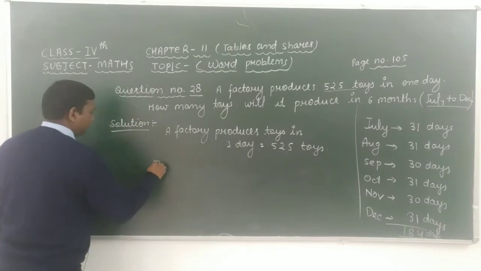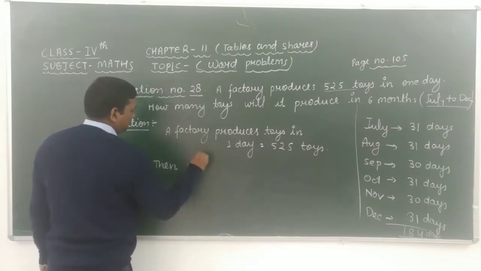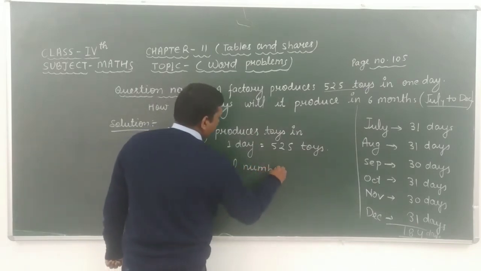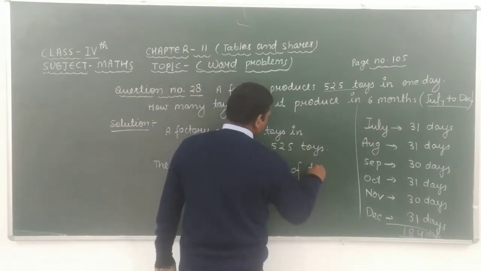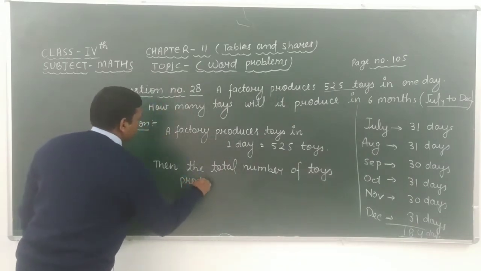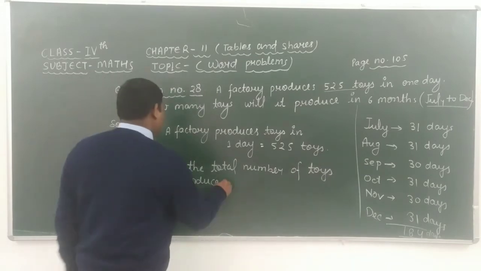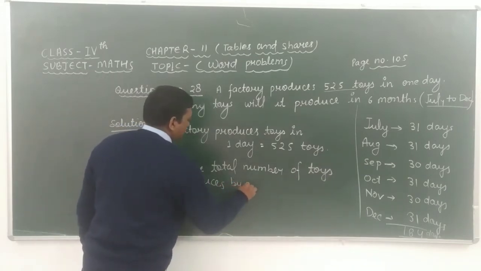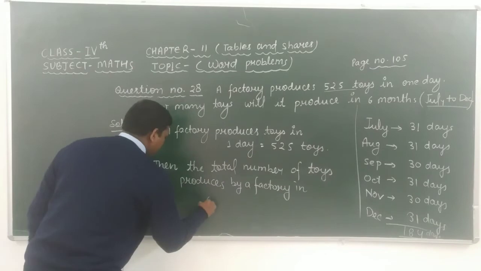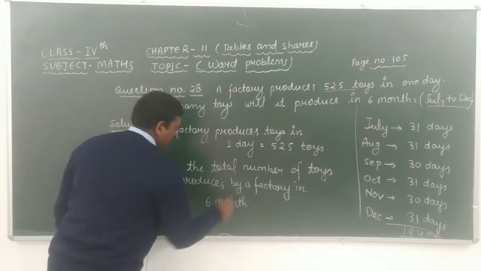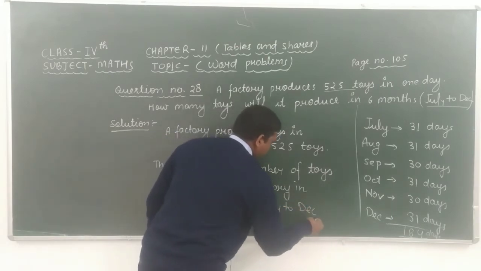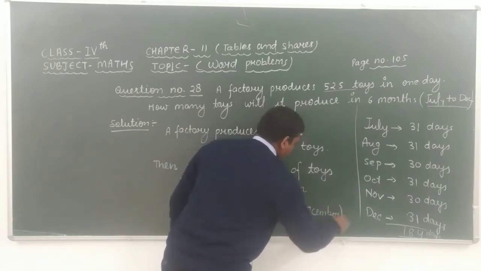Then the total number of toys produced by a factory in 6 months, July to December, is equal to this.